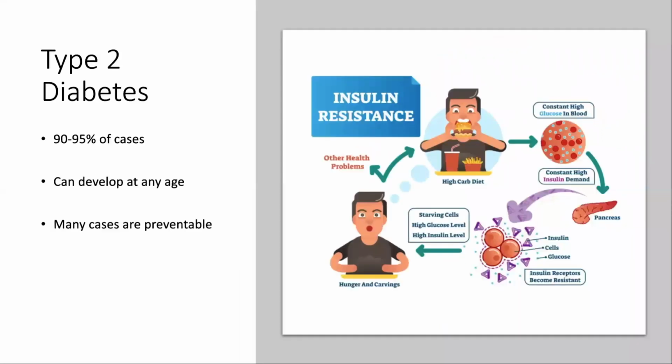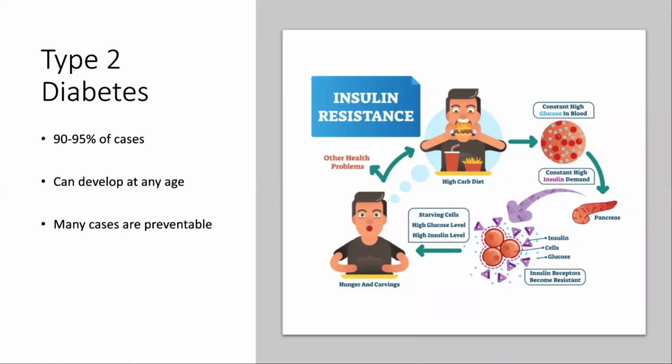Type 2 diabetes is the other type. It makes up the vast majority of cases, 90 to 95%. It can develop at any age, and many cases are preventable. On the right, we can see the stereotypical pathway of developing type 2 diabetes.